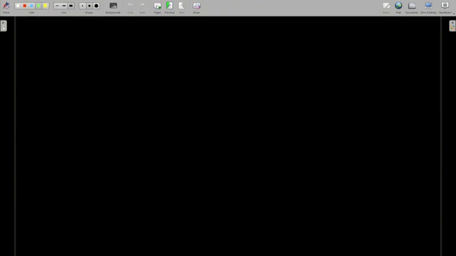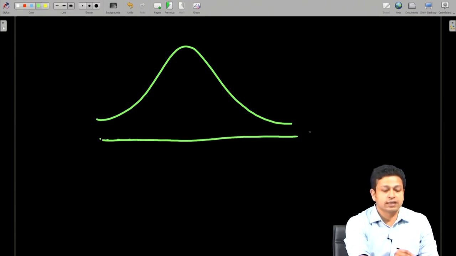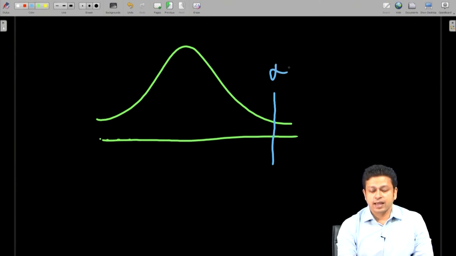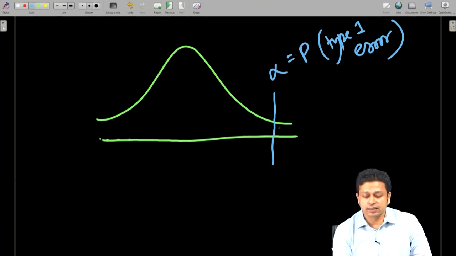So, if I draw a distribution, let us say it is a one-tail test, and I have the level of significance alpha, that is nothing but the probability of type 1 error. So, it means the error part.